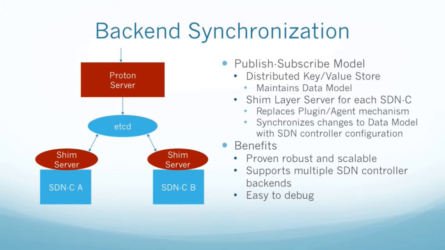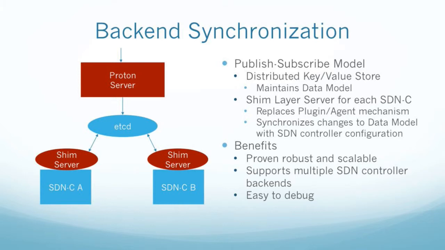Okay. Another note is our backend synchronization. We don't use the traditional plugin agent with RabbitMQ mechanism that Neutron uses. We are using etcd, a distributed key-value store database. Kubernetes does this to maintain configuration, so it's a pretty robust and scalable solution.